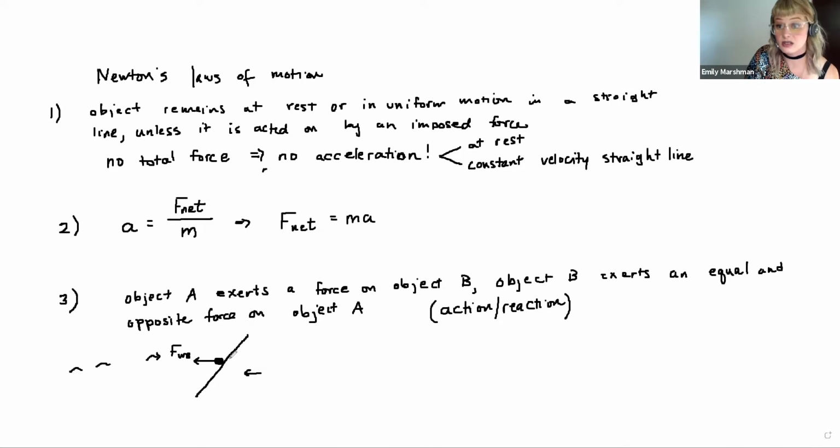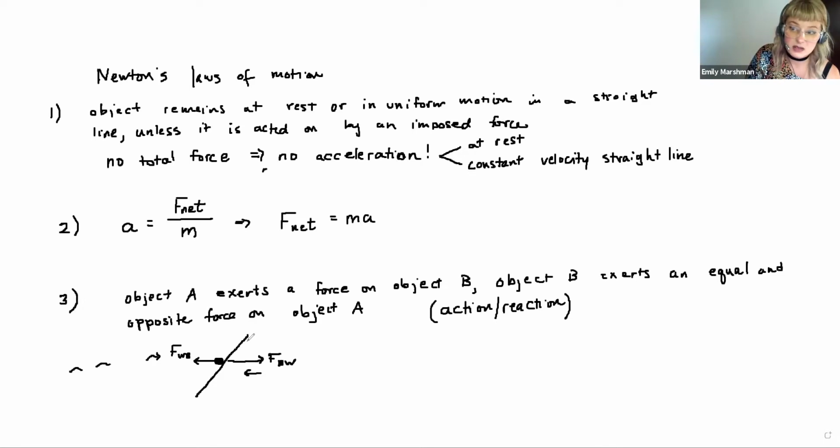The bug also exerts a force on the windshield, right? And that force is equal in size and opposite in direction of the force that the windshield exerts on the bug. This is the force that the bug exerts on the windshield. Equal size force, opposite directions.